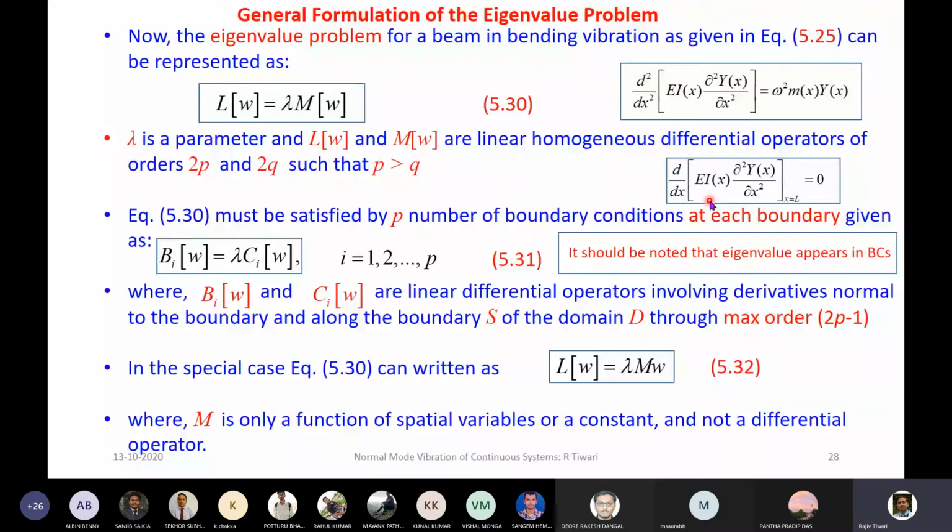So that particular thing is the boundary condition. Now I'm defining a more general boundary condition in which on the right side we can have some terms.